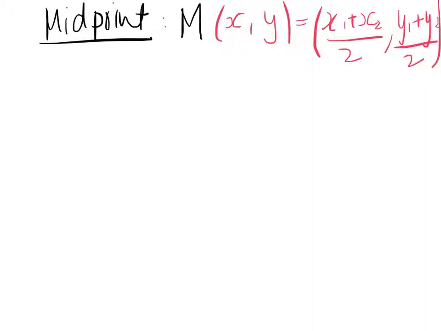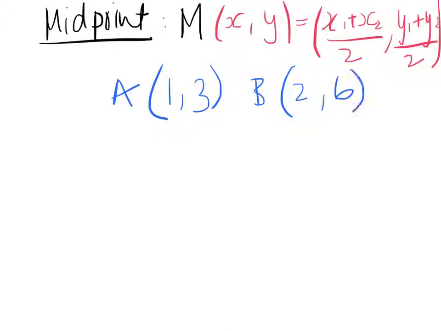Okay, so for example, if my coordinates were 1, 3, this is A, and B is 2, 6, right? Then I would just use, this one is x1, y1, x2, y2. If it helps, label these. And then substitute in your points.